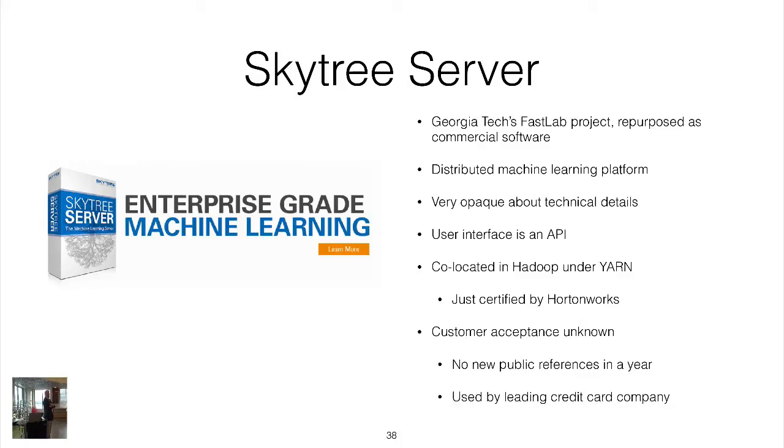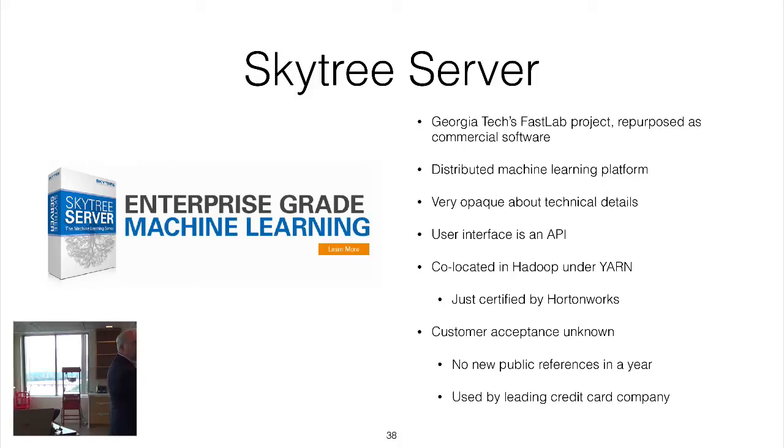The company is very opaque about technical details, so it's somewhat difficult to say specifically, but you can infer certain things from the claims they make about the product. One is they don't show any kind of nice business-friendly front end, so the presumption is that what they have is an API.